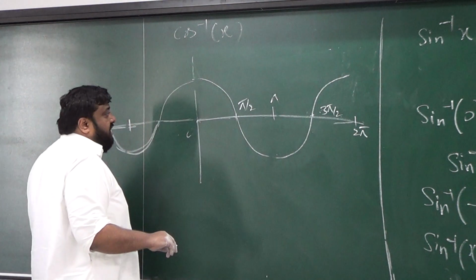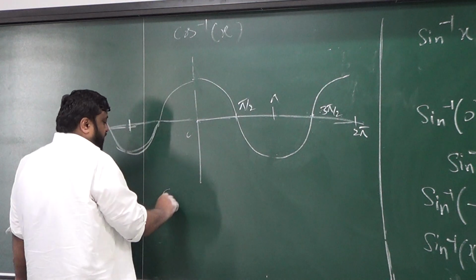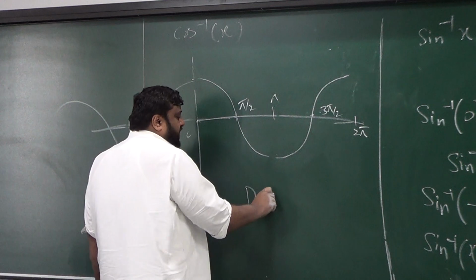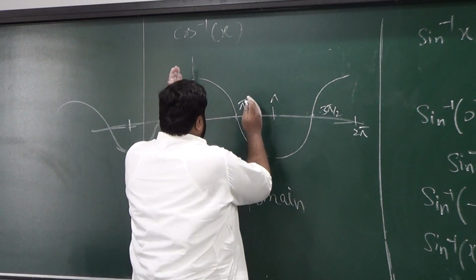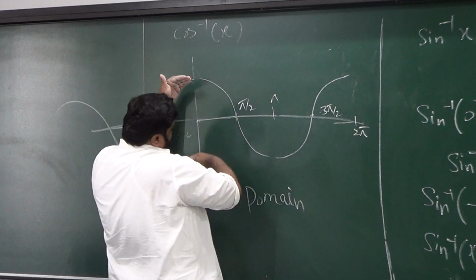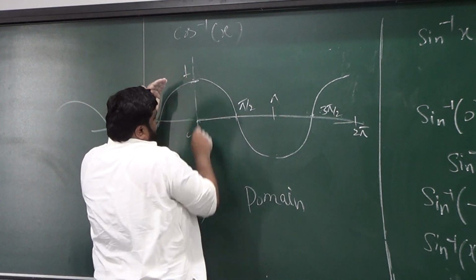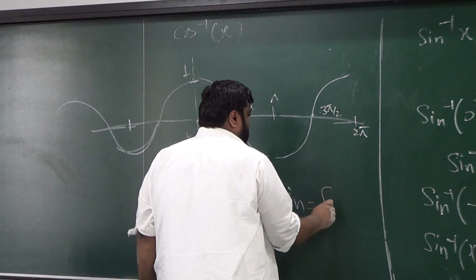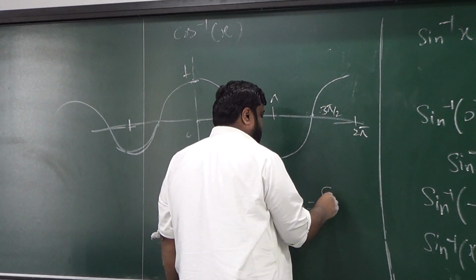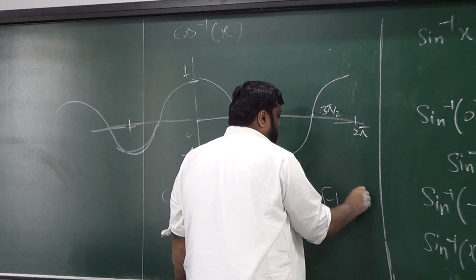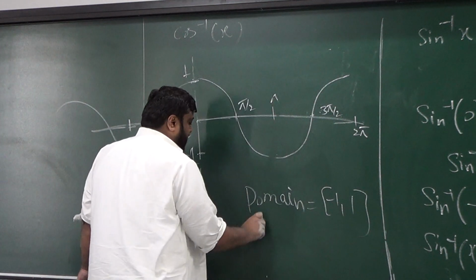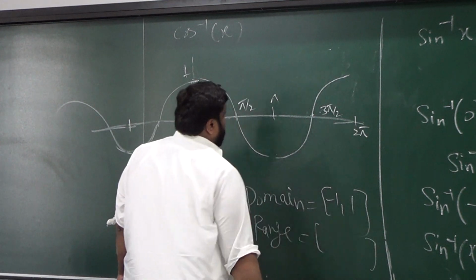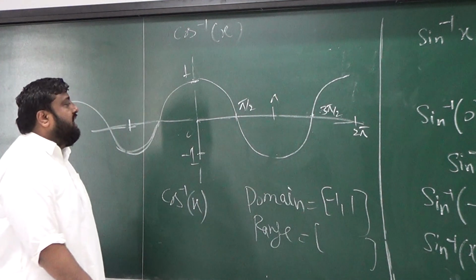If I have the cosine inverse of x, then what is the domain of it? The domain, no matter what piece you take, is always going to be between negative 1 and 1. And the range is going to be between what? It depends on what part you are taking.